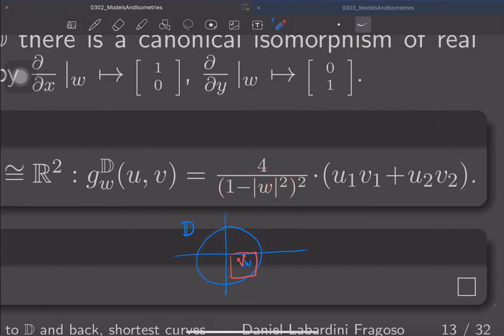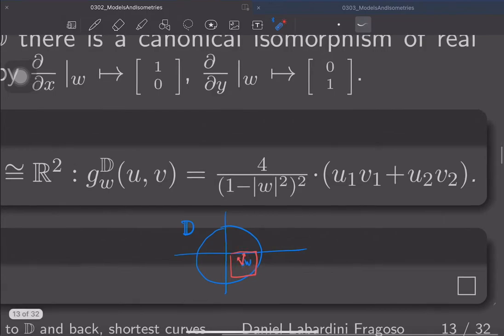Right? So if I take the two vectors and I start moving W close to the unit circle, this quantity in the denominator gets very small, so this gets very big. So somehow the length of a given vector becomes very big when the point W is moved close to the unit circle.